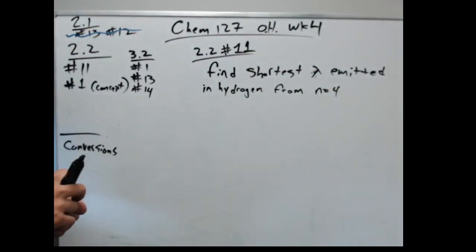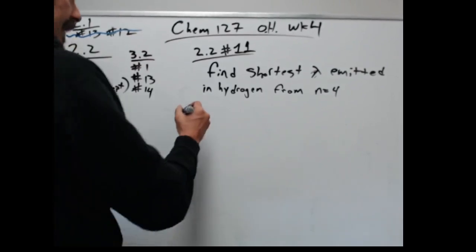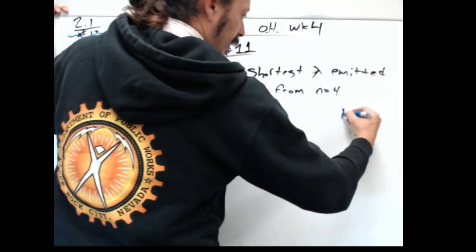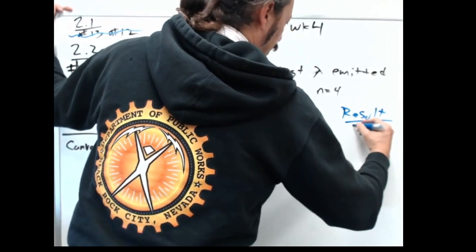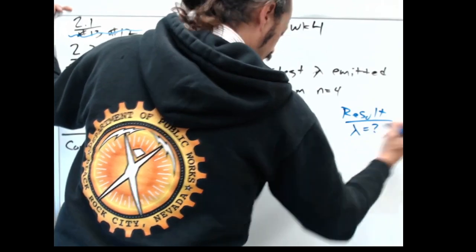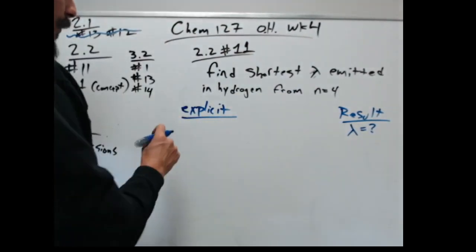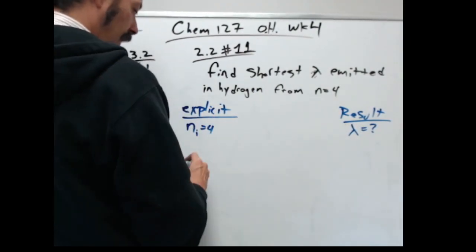Okay, so we got a couple important things here for our thinking in terms of explicit and our result. Our result is we want to find wavelength. Our explicit is, there's a couple things. We know the n initial is equal to 4.